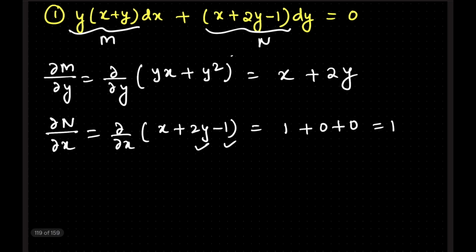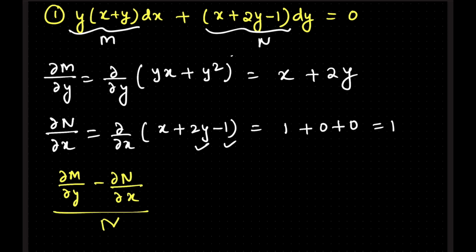Here you can clearly see that ∂M/∂y is not equal to ∂N/∂x. So we will check for the two cases we have studied today. If (∂M/∂y minus ∂N/∂x) divided by N gives an independent function of x, you got x plus 2y minus 1 divided by our N, which is again x plus 2y minus 1.